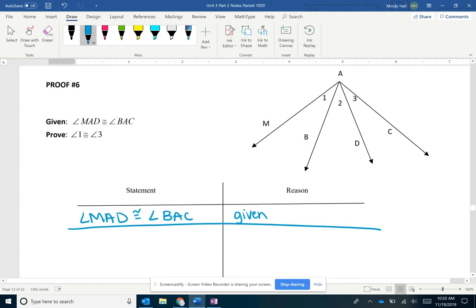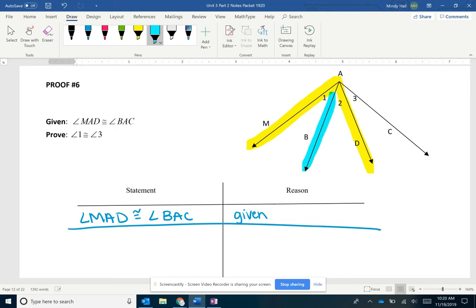If you come up to the picture, MAD is this angle right in here, and BAC is this blue angle. If you notice, with MAD, or the yellow, that's angles 1 and 2, and with BAC, that's angles 2 and 3. So we have some overlap.